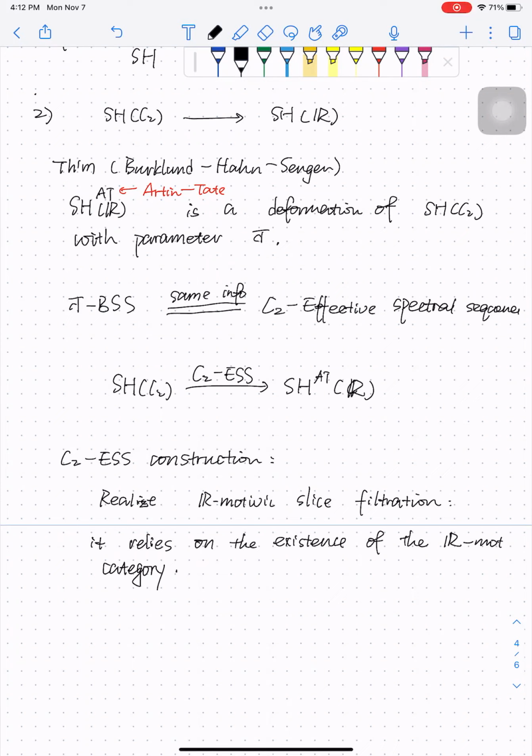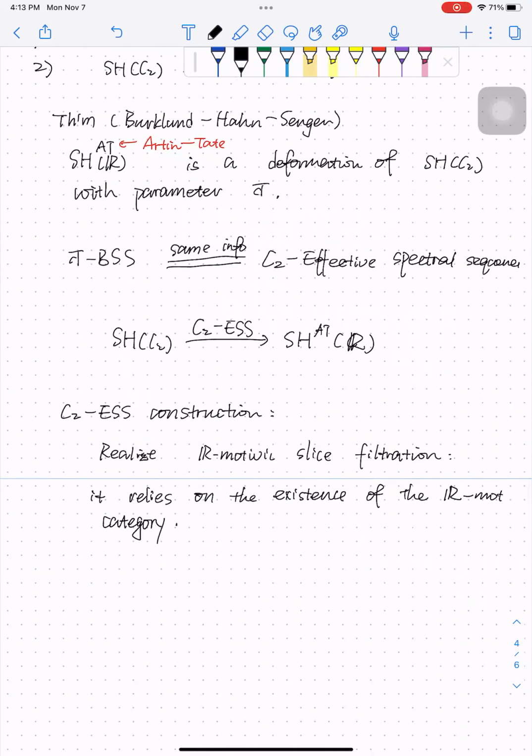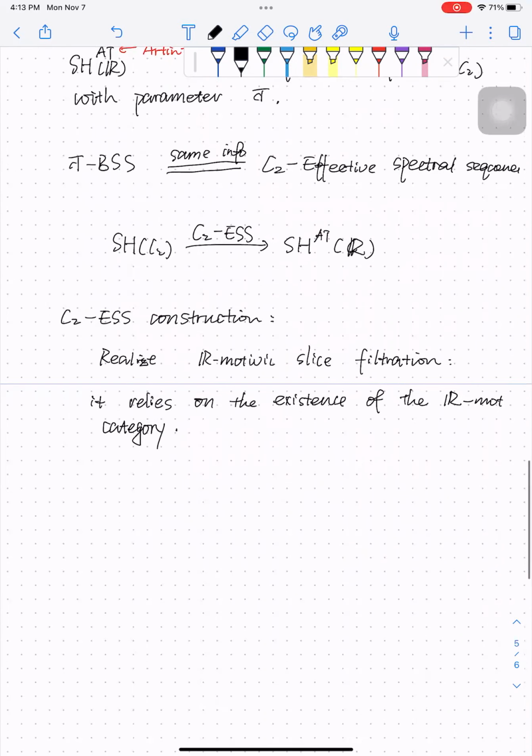This is bad, because our goal is to build the CP-equivariant version of the R-motivic category. Because this construction relies on the R-motivic category, we cannot generalize it to the CP-equivariant case. So we need to find another way to interpret the C2-effective slice spectral sequence.